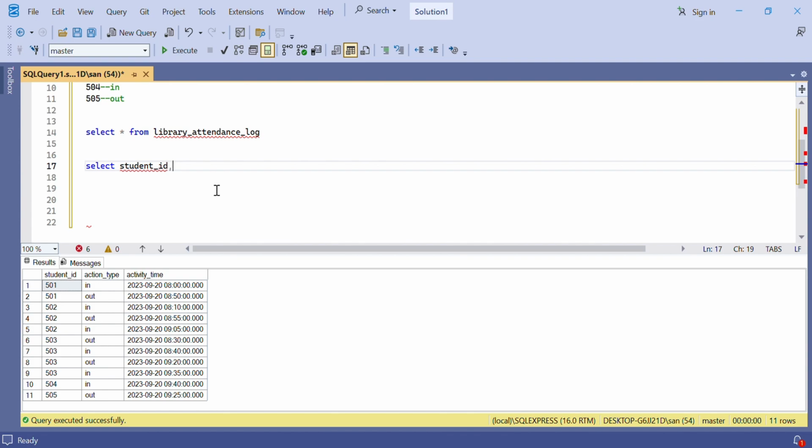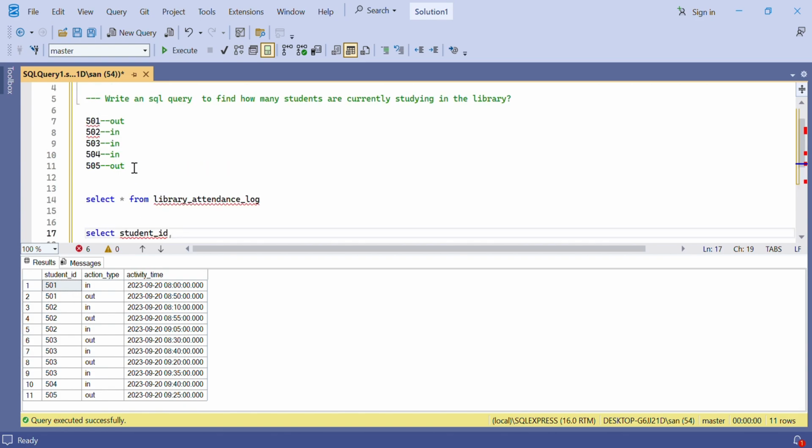So for example, student 501: the latest time he entered the library was 8, and the latest time he left the library is 8:50. Therefore, the latest in time is lower than the latest out time.